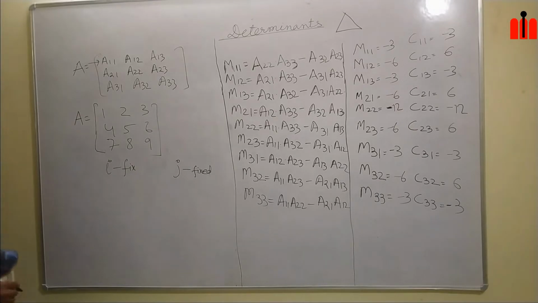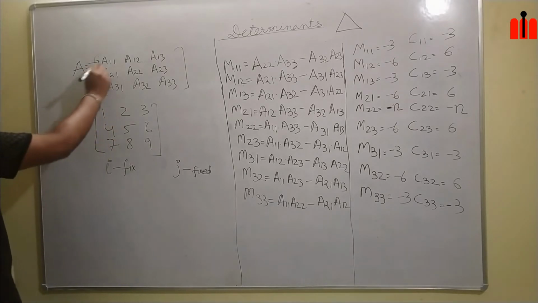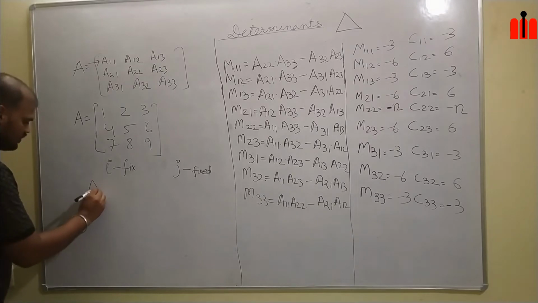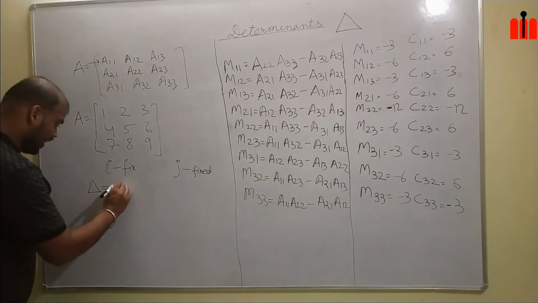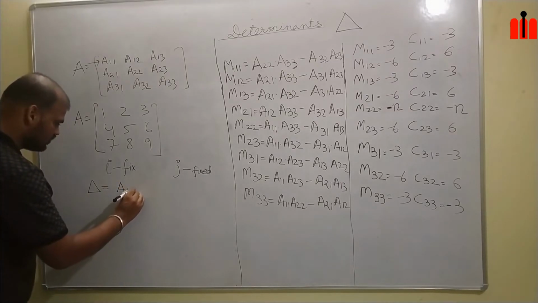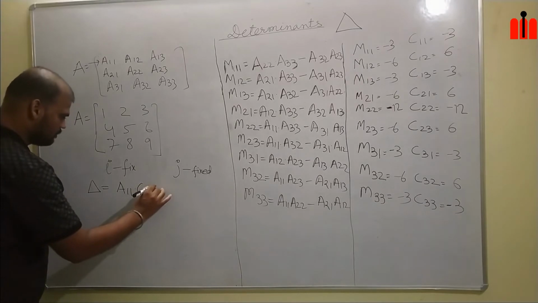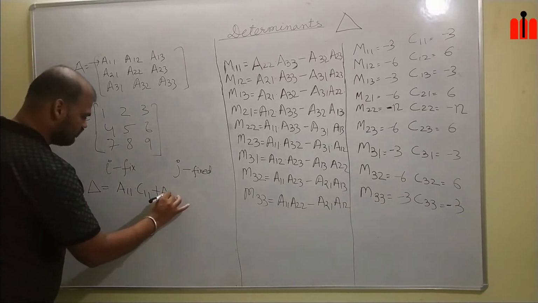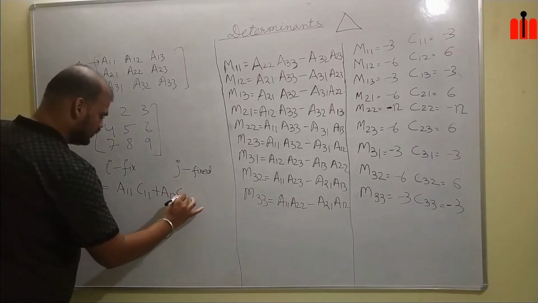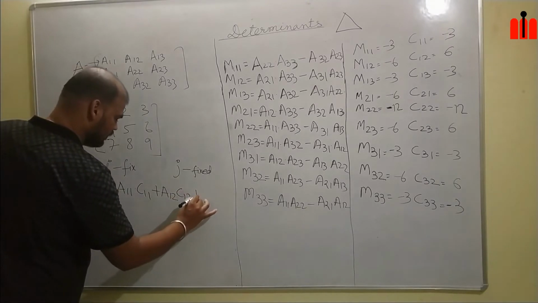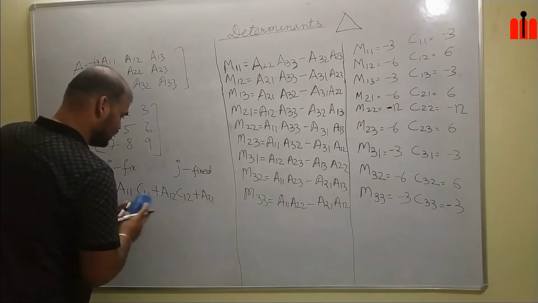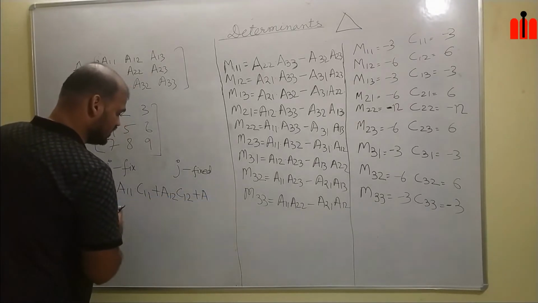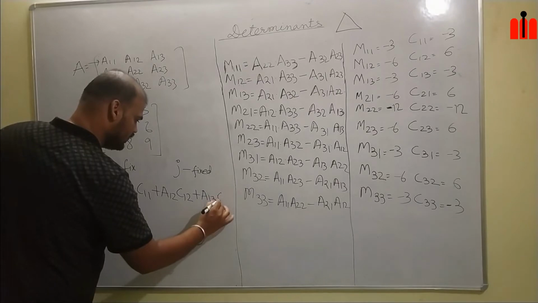So what will be my determinant for this matrix A? The determinant equals A11 into C11 plus A12 into C12 plus A13 into C13.